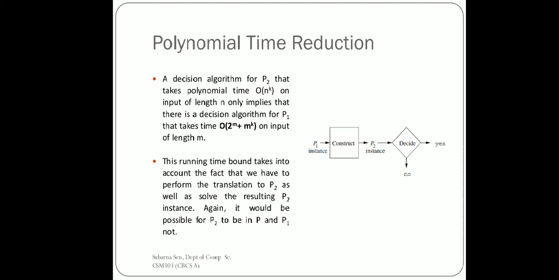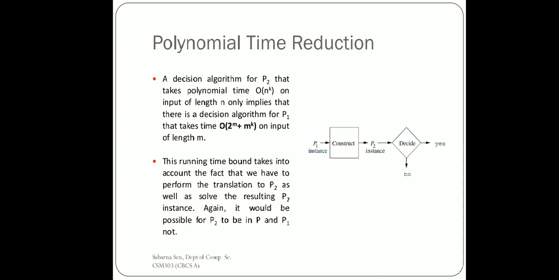That's why those will be summed up and it will be 2 to the power m plus m to the power k for problem P1, right? And this running time bound takes into account the fact that we have to perform the translation to P2 as well as solve the resulting P2 instance.